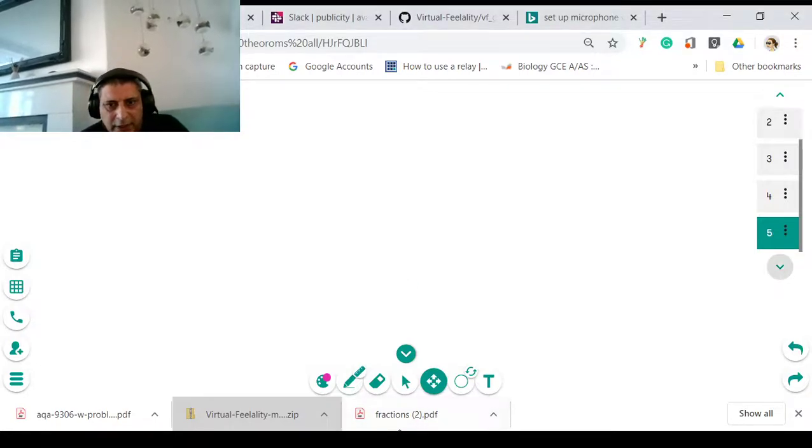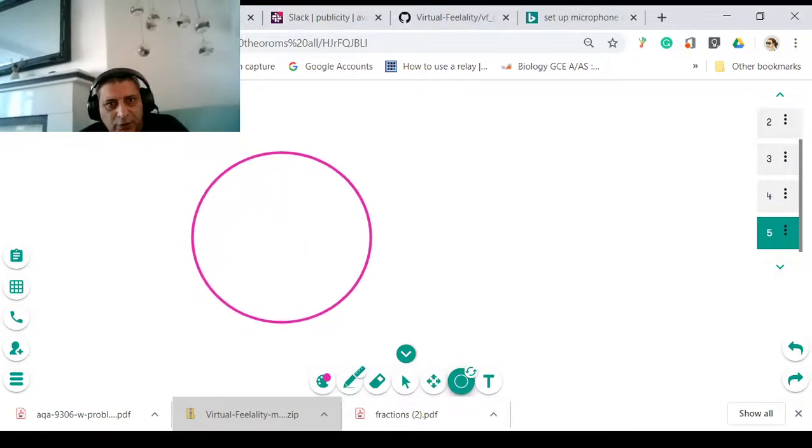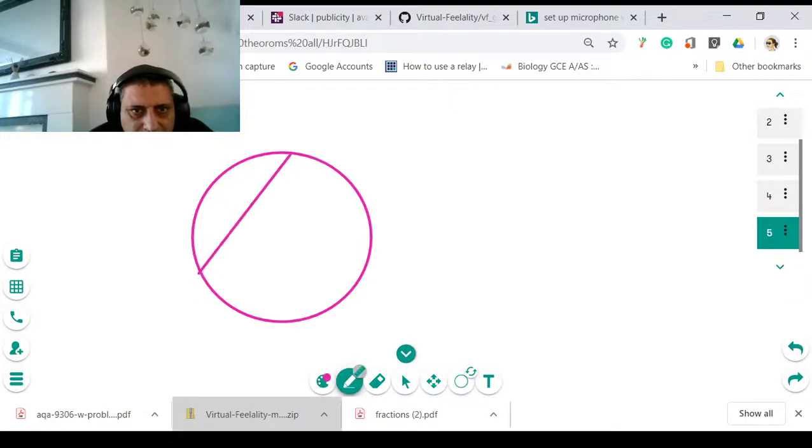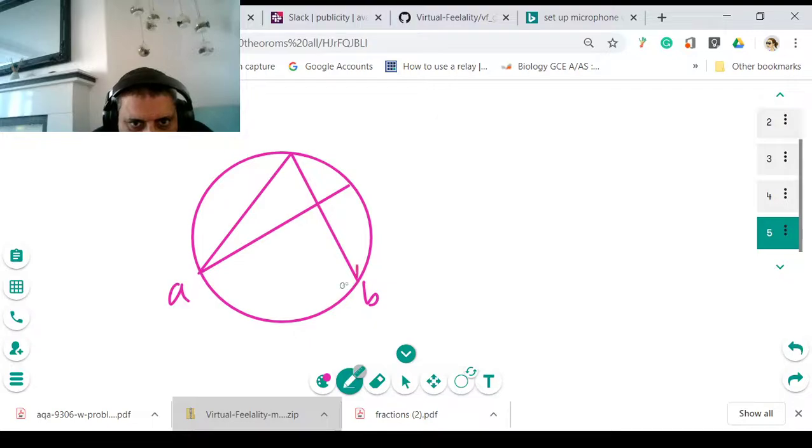The next one is a really nice-ish one, but again, they like to put it in really dodgy ways. If I have two points, and we'll call these points A and B, and I start any line off here, the first thing to realise is whatever the angle is, let's say 30, that's the first thing.